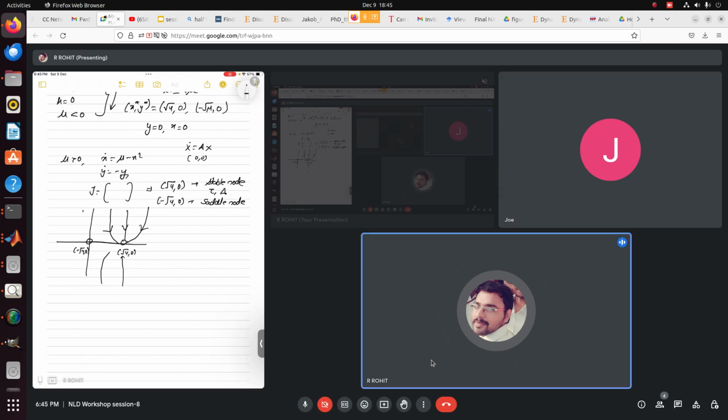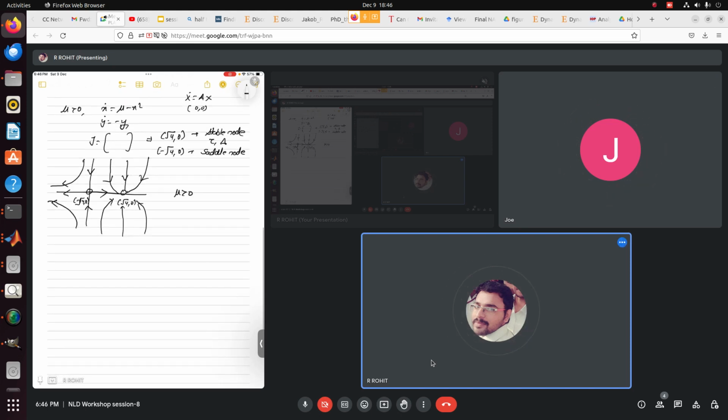Similarly, anything below also will reach this point. Whereas minus root mu comma 0 is a saddle node. Anything that comes there will move towards it along one direction, and along the other direction will move away from it. So anything that starts like this will move out like this. This was the condition when mu was greater than 0.